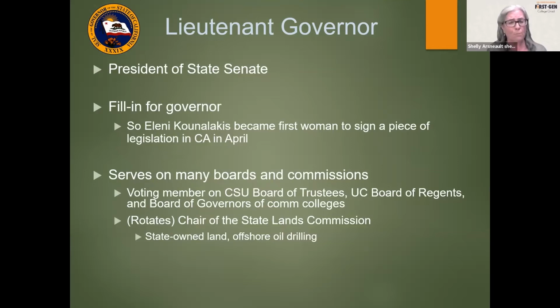State Lands Commission is pretty important, dealing with all issues of state-owned lands, including offshore oil drilling, what will happen with all of our state-owned lands and things like that. And again, the chair rotates between our lieutenant governor and our controller, which again is one of those confusing ones. We'll talk about the controller shortly.